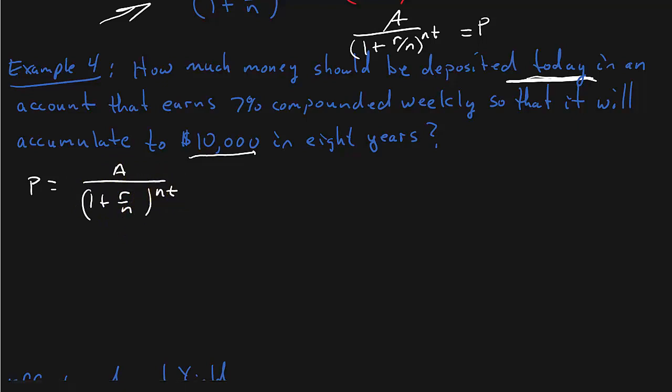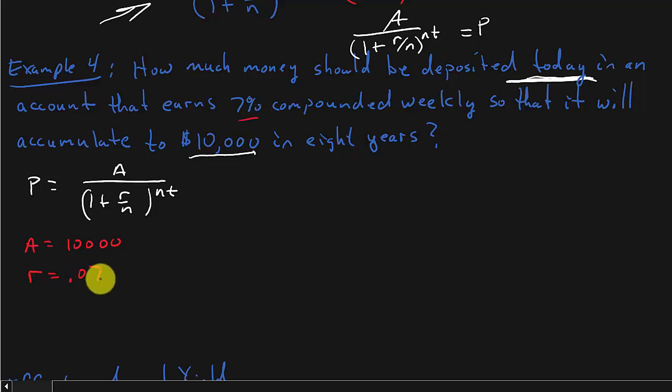So let's write down what we have. A is 10,000. R is 7%, 0.07. T is 8, that's 8 years.